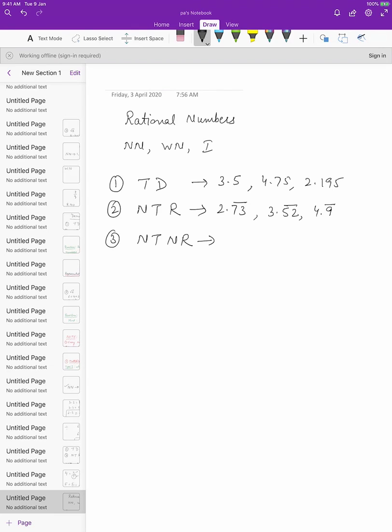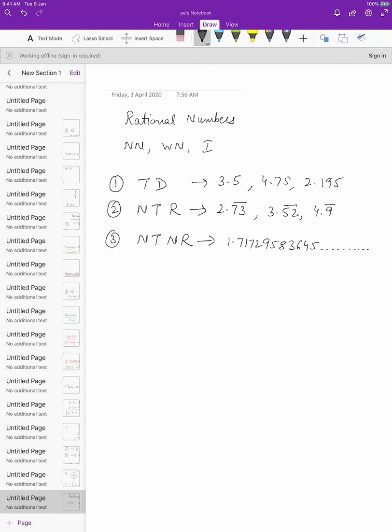But there are decimals which are neither terminating nor repeating, like 1.71729583645 and they will just go on and there is no repetition, as you can see. Obviously the digits will repeat themselves but not in a proper manner. So they are known as non-terminating and non-repeating decimals.